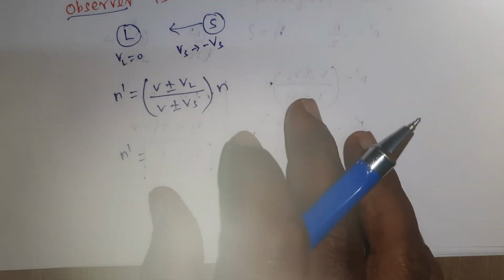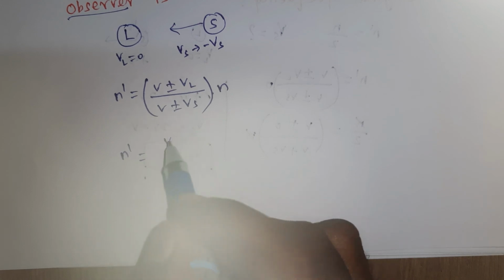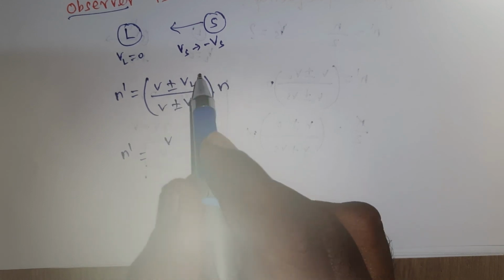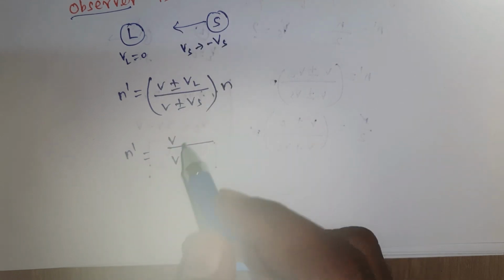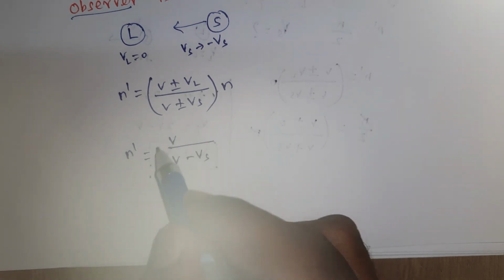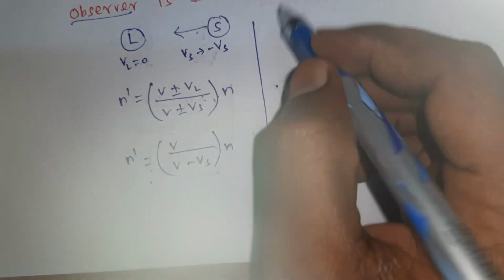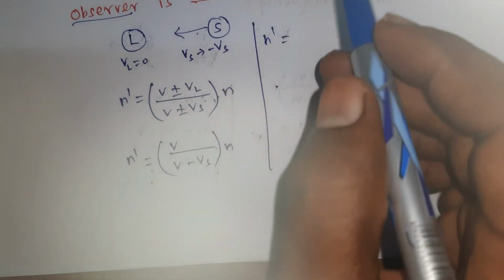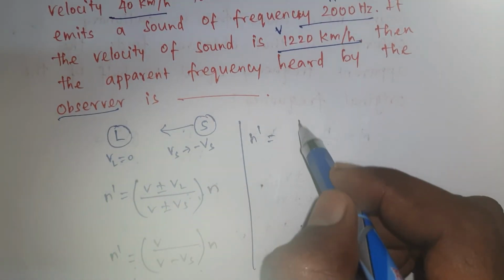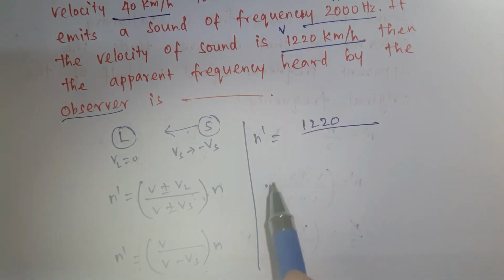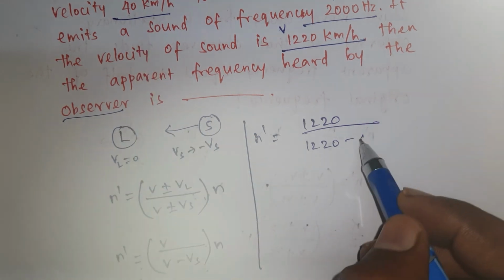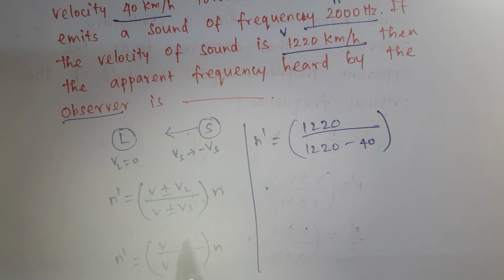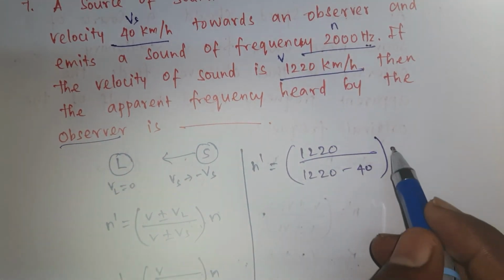Apply these conditions, V is the speed of sound, plus or minus VL, where VL is going to be 0, divided by V plus or minus Vs. Vs moves towards the left, so we take minus Vs along the negative x direction, into n. n dash is equal to V, the speed of sound, 1220, divided by 1220 minus Vs value 40, into n, the original frequency or frequency of the source, 2000.